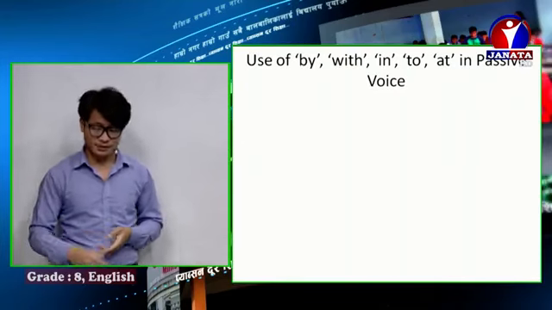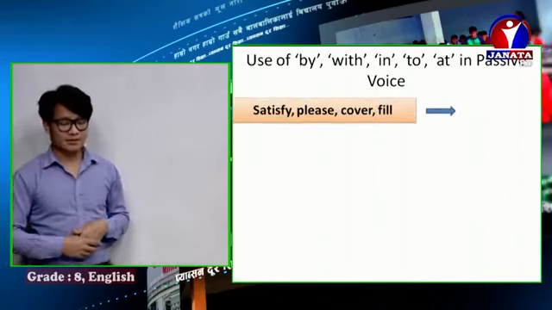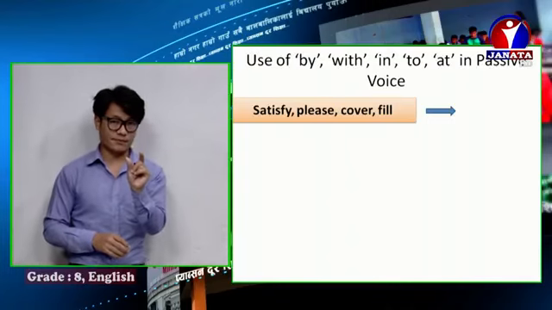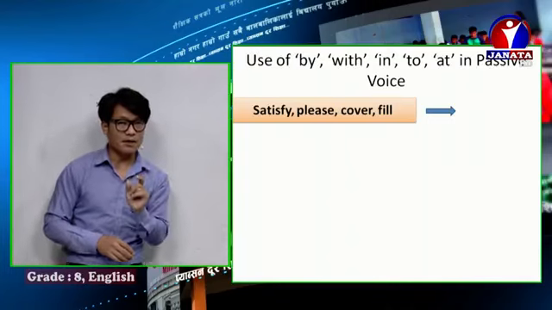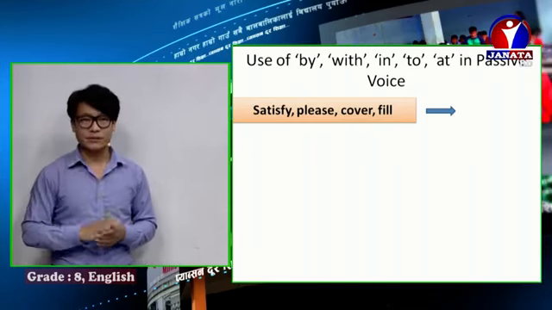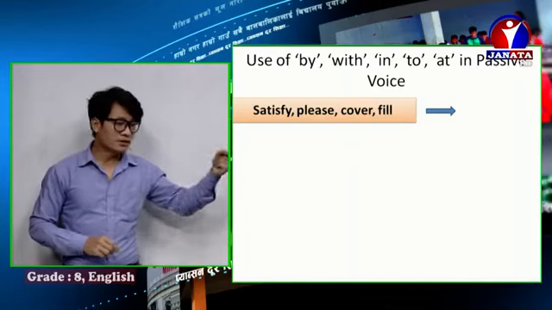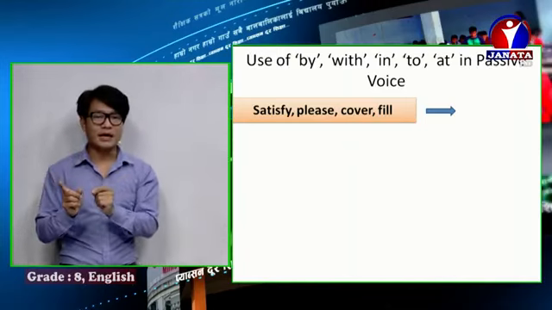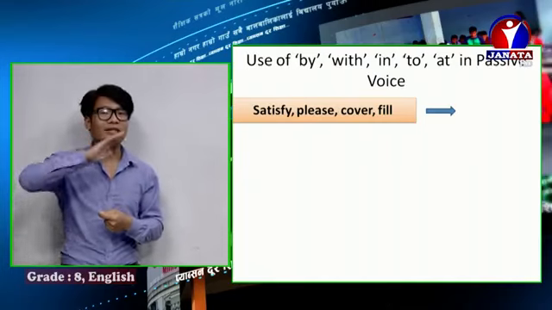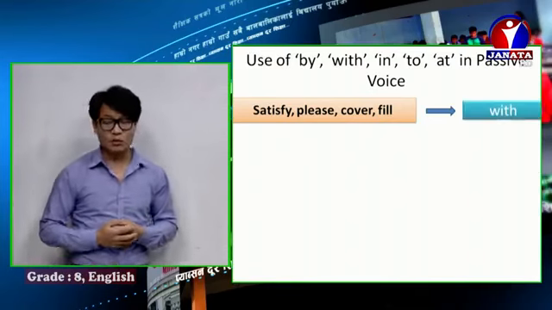Satisfy, please, cover, fill. When the verbs are as above, then we don't use the preposition by. If you write "Susan satisfies me" and then "I am satisfied by Susan," that is wrong, because in the place of by we need to write with.